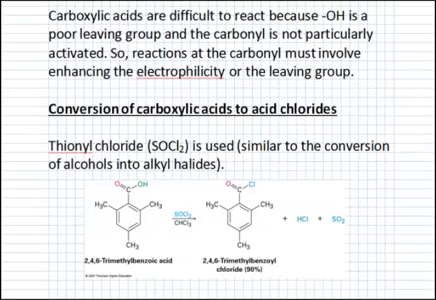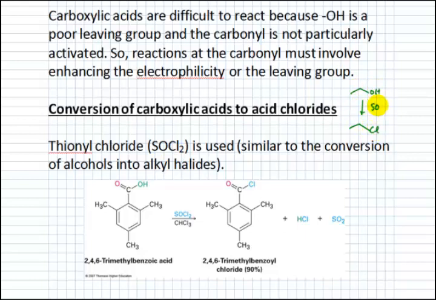So let's talk about that reaction I mentioned where we can get our carboxylic acid into that high energy acid chloride, which then can be taken on to react with any of the other reagents. For that, we use thionyl chloride, a reagent that we had seen before for converting an alcohol into an alkyl chloride, right?